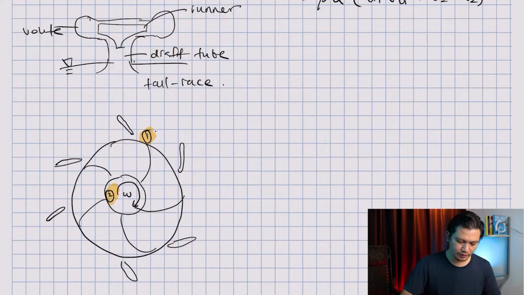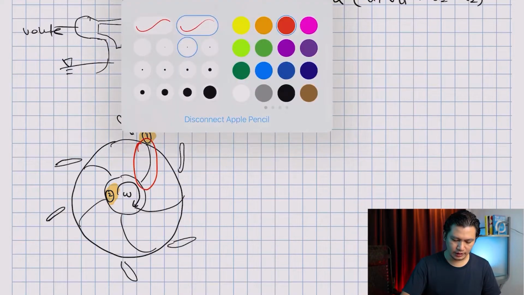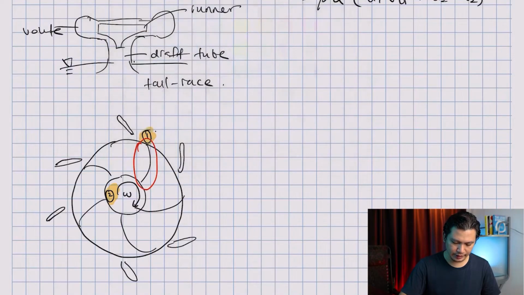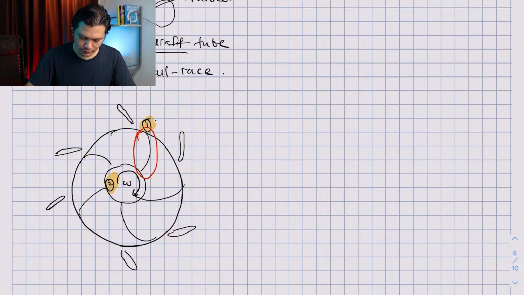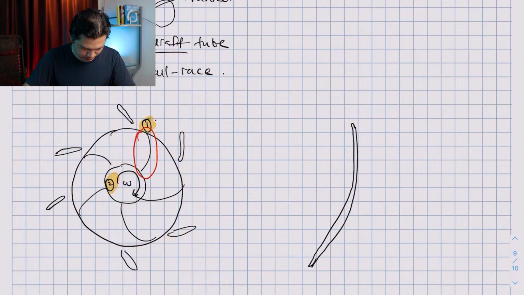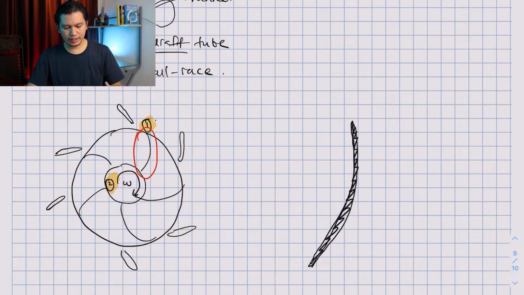And if I take one runner, just as an example, if I take this runner, I'm going to zoom in and draw it bigger so that we can draw the velocity triangle. So if this is my runner, let's give it some thickness. And now let's take a look at what the velocity triangle may look like.